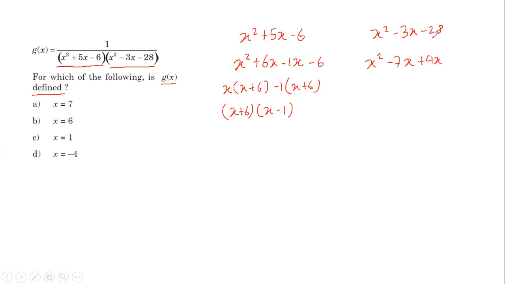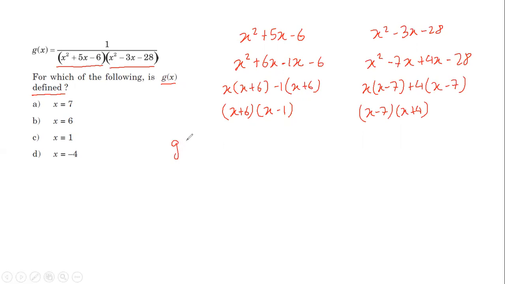Minus 7 and plus 4 will give me the product negative 28 and their sum negative 3. I'll take x common from the first two terms, I'll get x minus 7, and I'll take plus 4 common from the last two terms. I'll again get x minus 7. Then x minus 7 will be common and I'll get x plus 4. So I factorized, and now it becomes easier for me to understand.